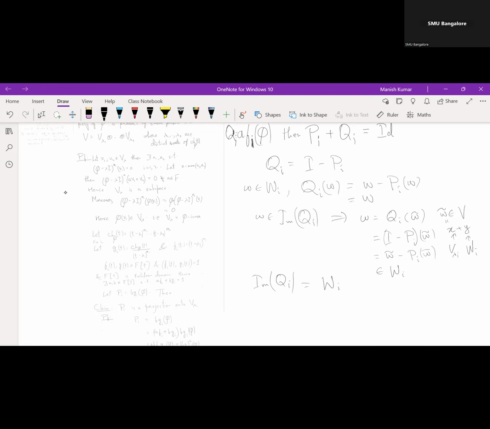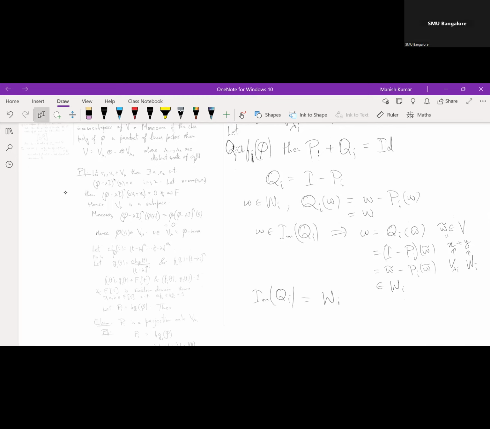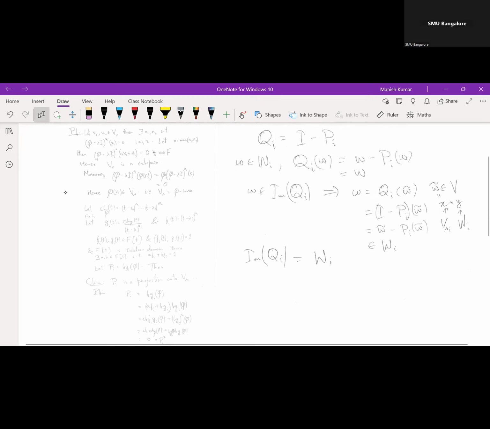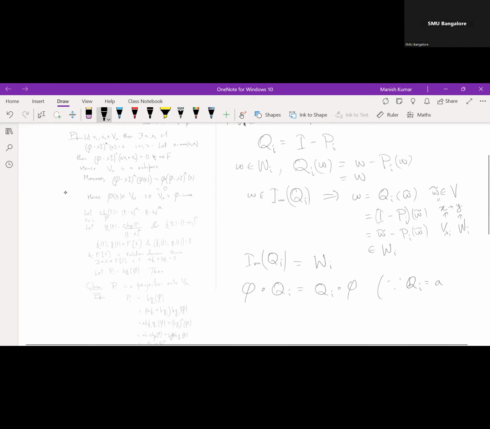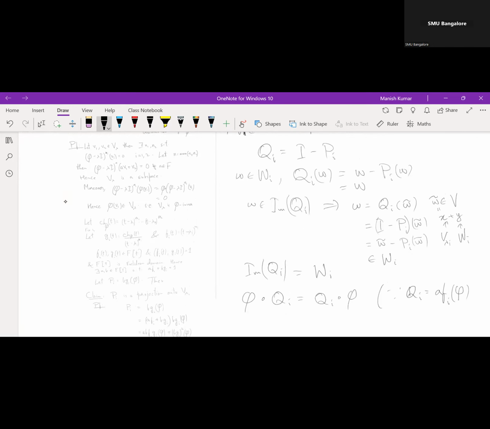Now, of course, Q_i is A_i of phi. So phi composed with Q_i is the same as Q_i composed with phi, because Q_i is given by A_i evaluated at phi. Polynomials commute, so it doesn't matter. Phi times Q_i is basically t times A_i evaluated at phi.